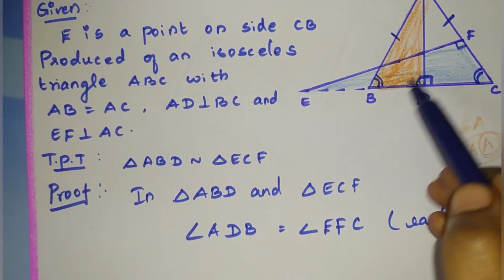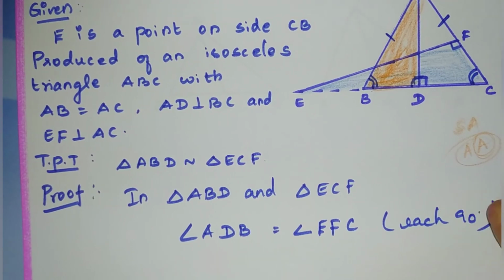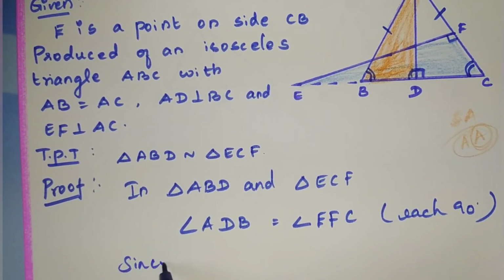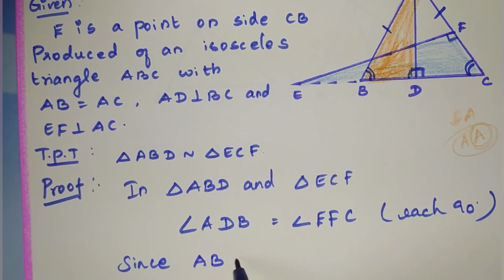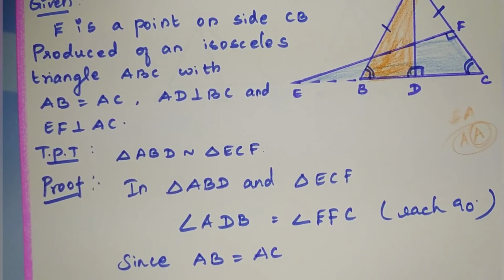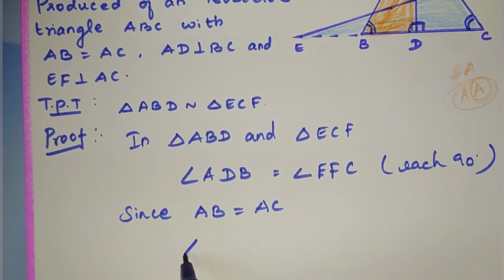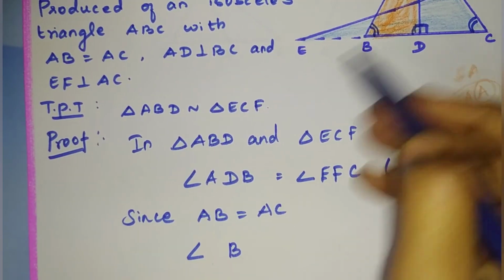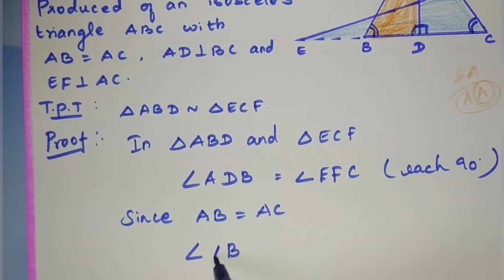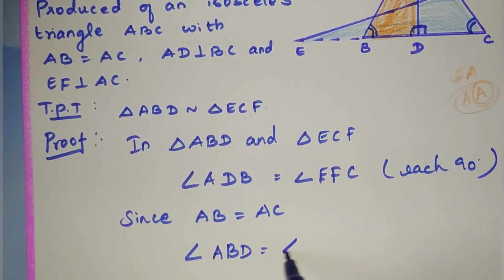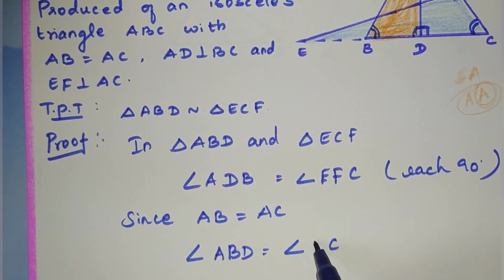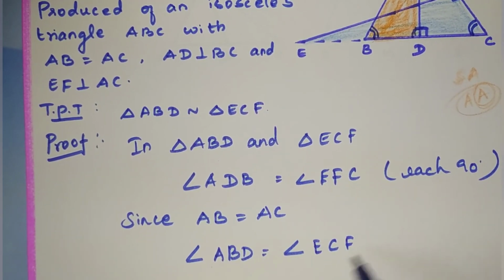And next one is this one, angle B and angle C. Since AB is equal to AC, we can tell that the angle B and the remaining thing is AD. Here C, remaining thing is EF.